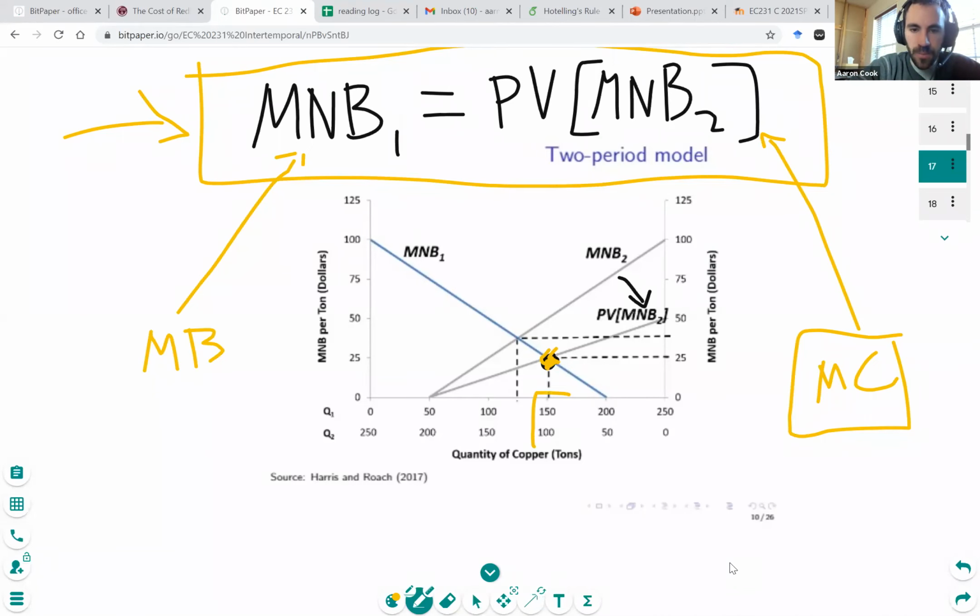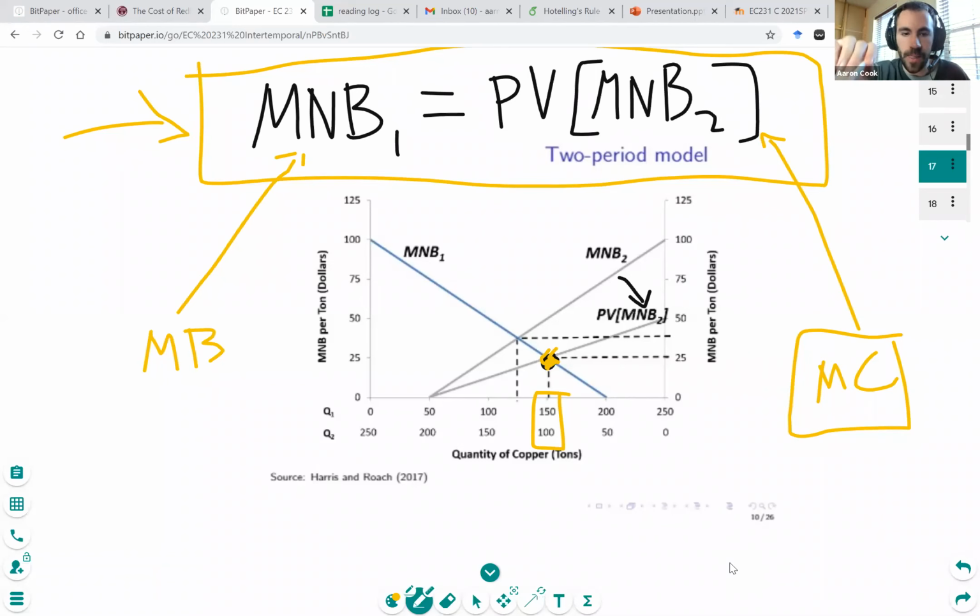You note that implies 150 units in period 1 and only 100 in period 2. That's the efficient way to allocate your stuff between period 1 and period 2, given the resource scarcity and also the discount rate.